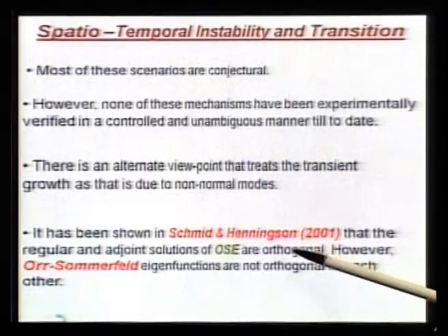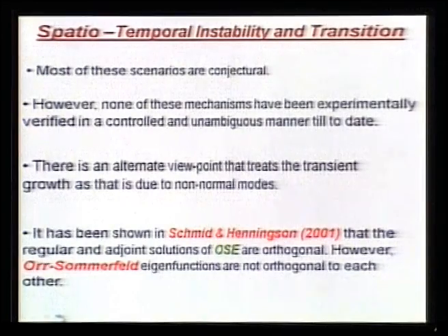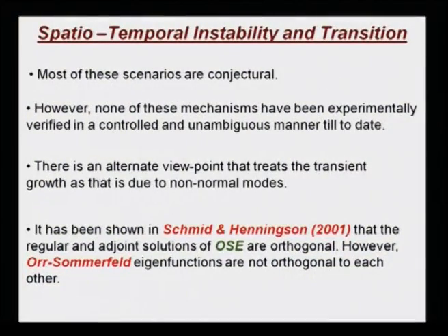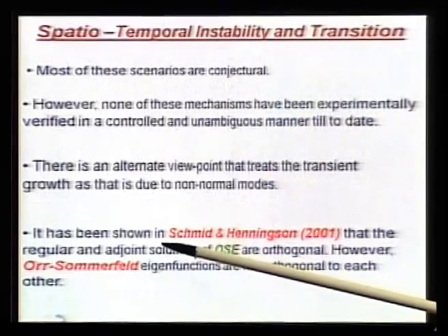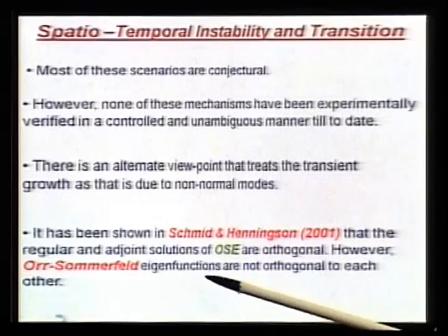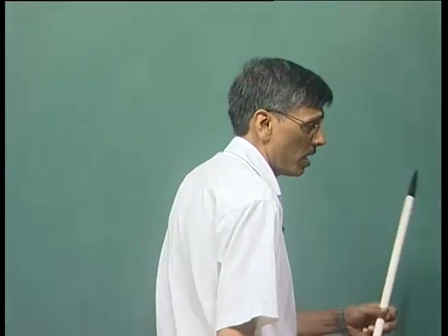And Schmid and Henningson are the proponents of this, and they noted that the Orr-Sommerfeld equation modes constitute a set with respect to the adjoint of the Orr-Sommerfeld equation. However, each of the eigenfunctions of the Orr-Sommerfeld equation themselves are not orthogonal to each other. So, they are essentially non-normal.